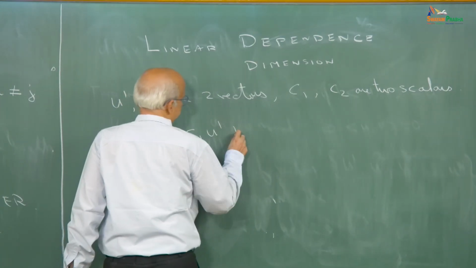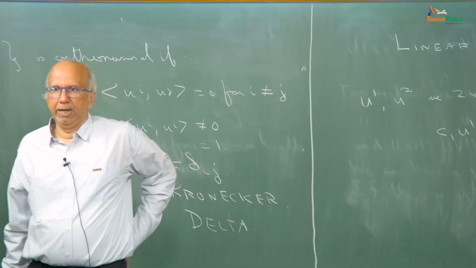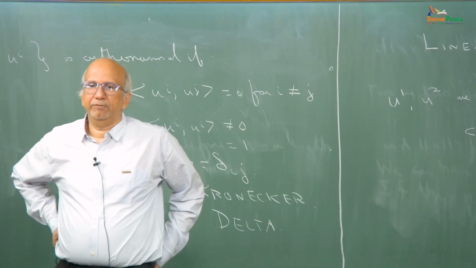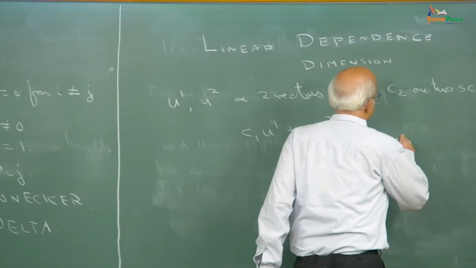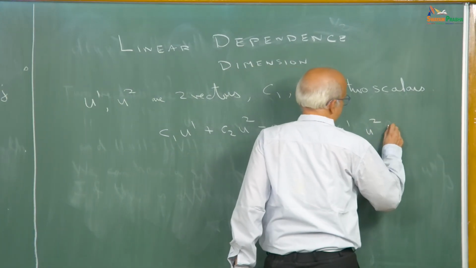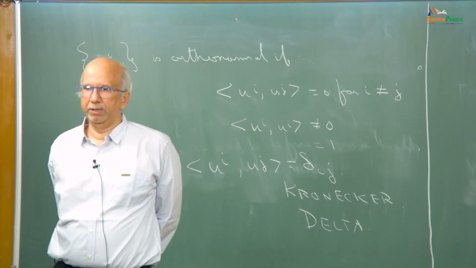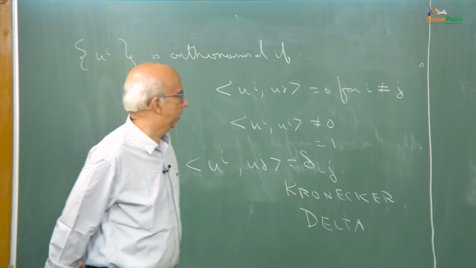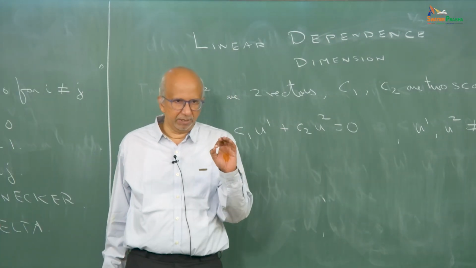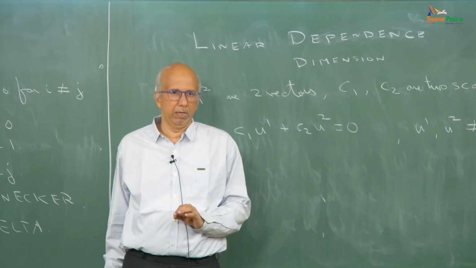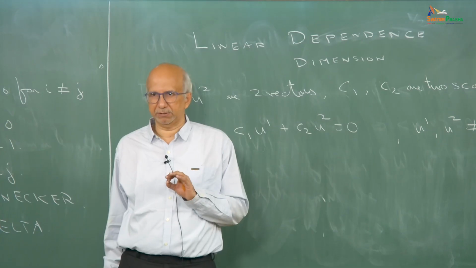I can look at this sum, c1 u1 plus c2 u2 equals 0. And let us say u1 and u2 are not equal to 0. Now, if the only way in which this equation can be satisfied is if c1 equal to c2 equal to 0, then I will call it an independent set of vectors.